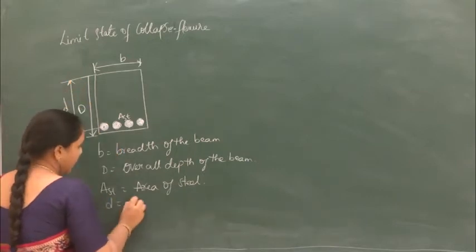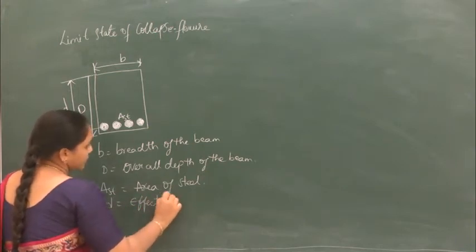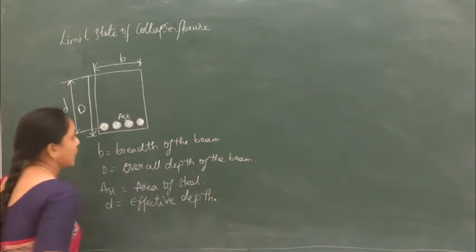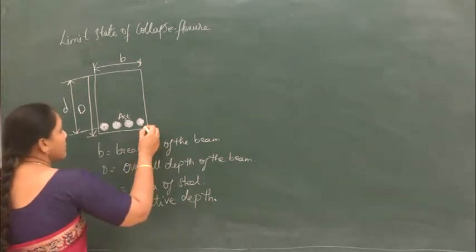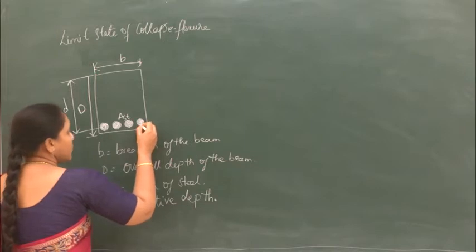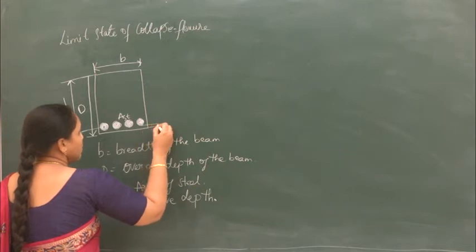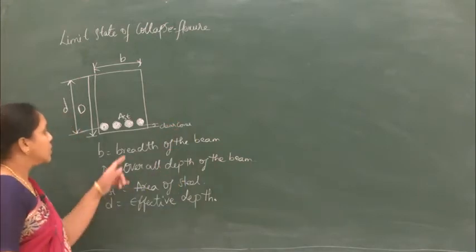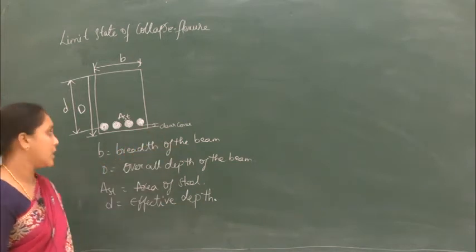Here d is the effective depth. And the distance from the bottom of the reinforcement to the bottommost fiber is called the clear cover. Okay. So, this distance is called the clear cover.